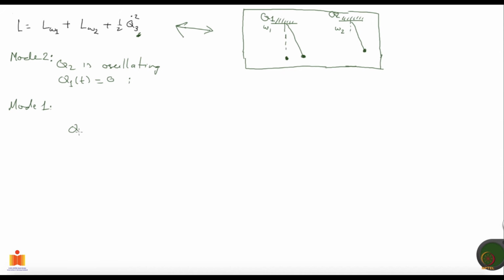If I put q2 to be 0 at all times, meaning this guy is just standing still at rest and only this one is oscillating, then of course q1 is oscillating, then my system is oscillating in normal mode 1. That's what we say.